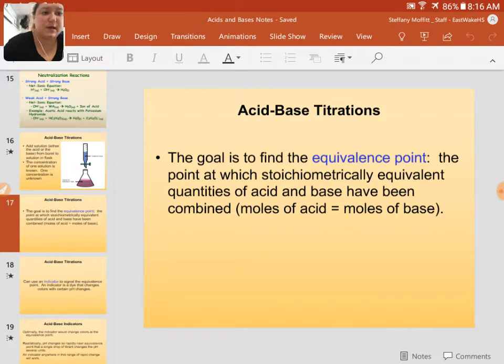The equivalence point is when the moles of acid are going to equal the moles of base, and if we know the moles of both of those, and we know the concentration of one of them, we can use our M1V1 equals M2V2 to figure out the concentration of the other one.